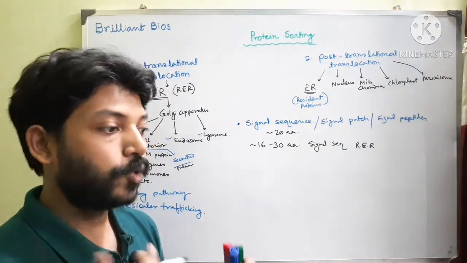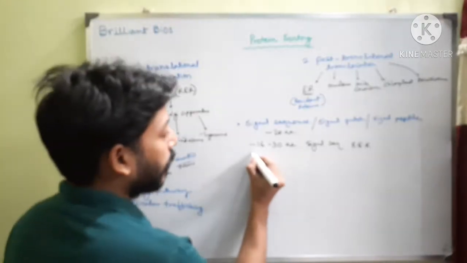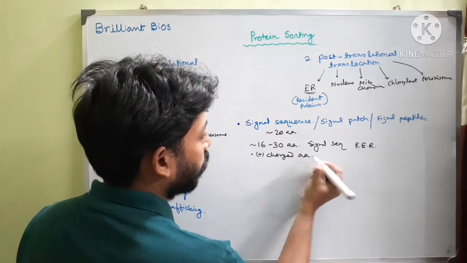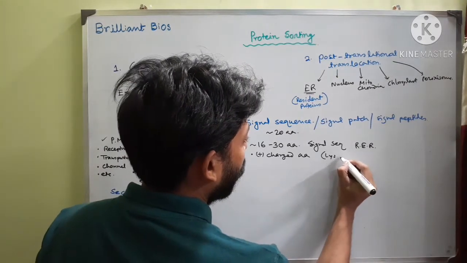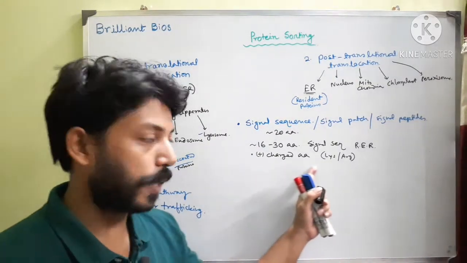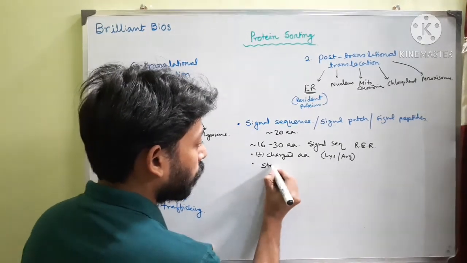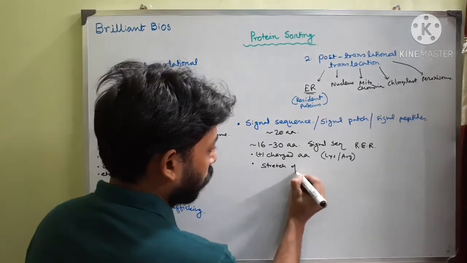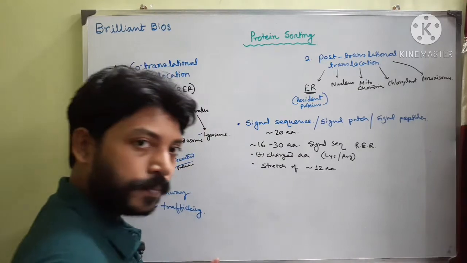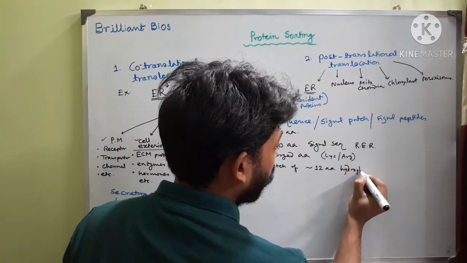If you want to know more details, you will learn that there are one or more positively charged amino acids present, like lysine and arginine, and then a stretch of approximately 6 to 12 hydrophobic amino acids.